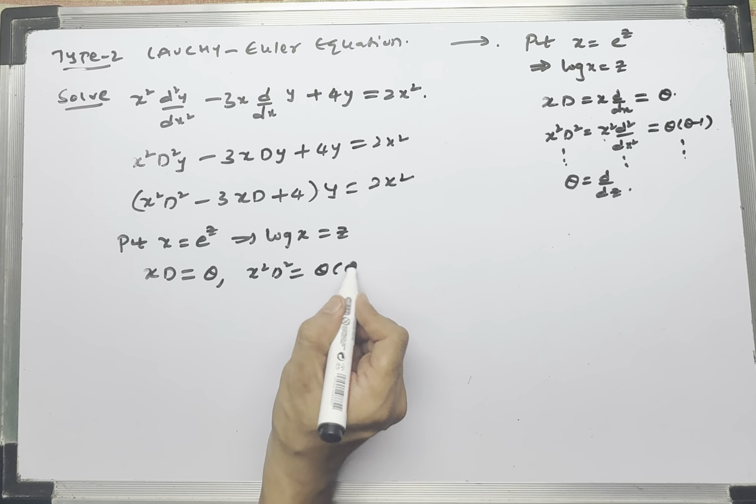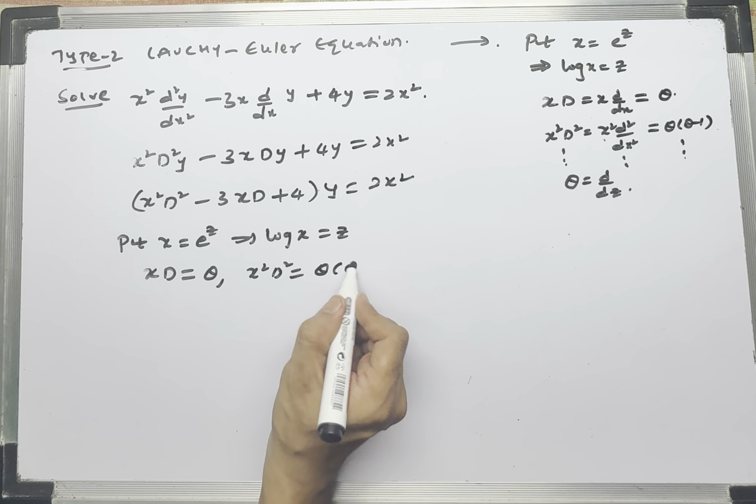Once we get the value of yc, we need the yp value. Yp equals to, on the right hand side we have 2x square. So 2 into, what is x value? First I will write the question: x square d square minus 3xd plus 4 into y is equal to 2x square is the question.